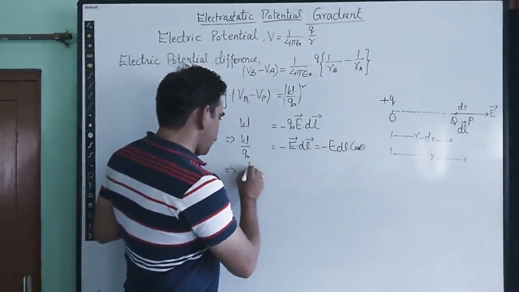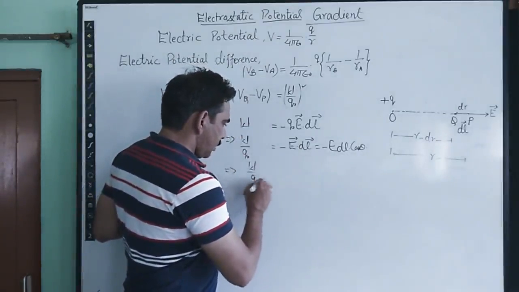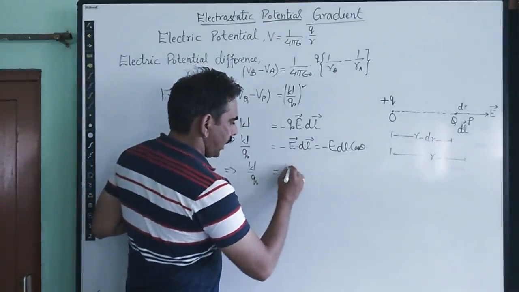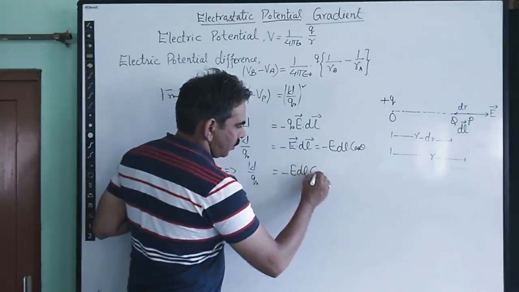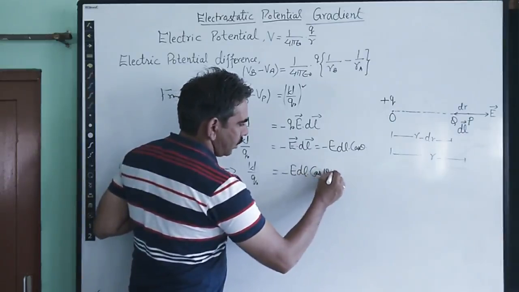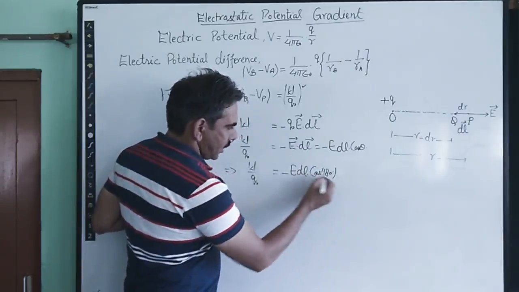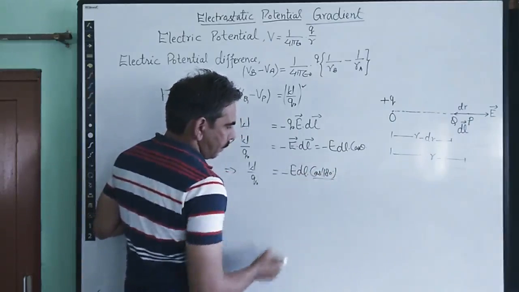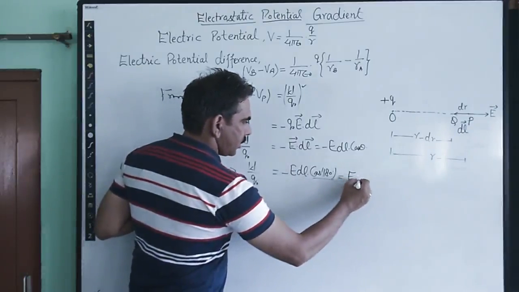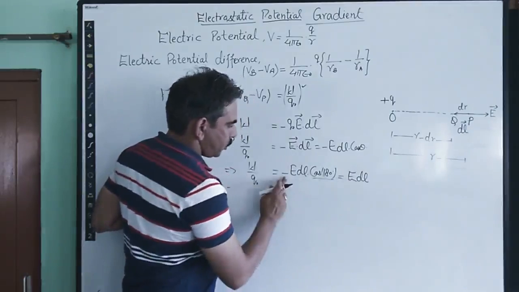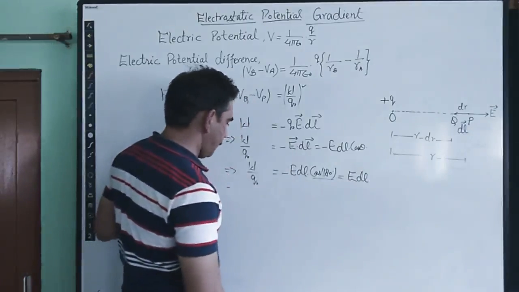So we can write the formula as minus E into dl into cos 180, which reduces to minus 1. So we get the result E into dl, because minus cancels out with the minus.